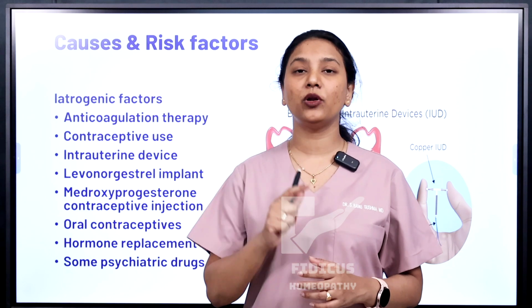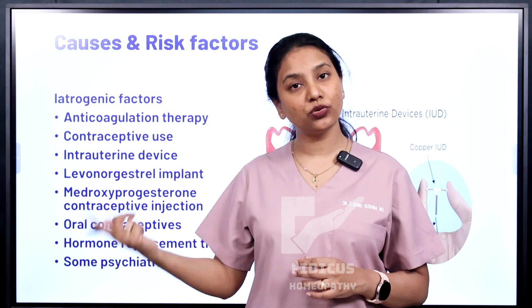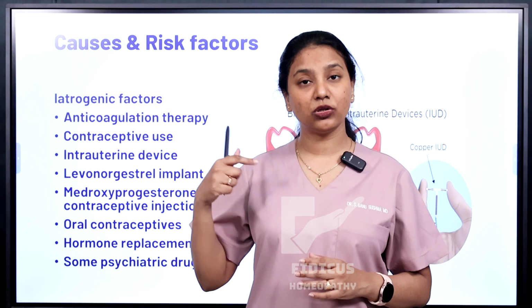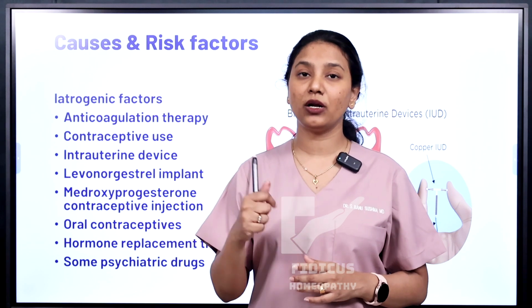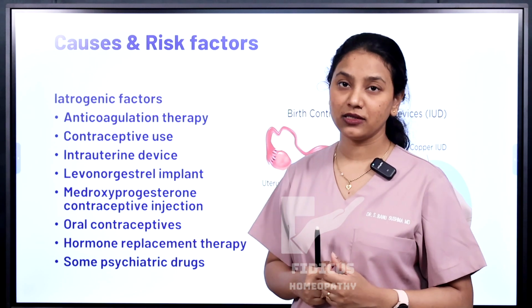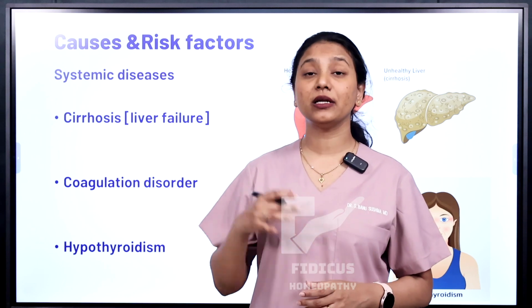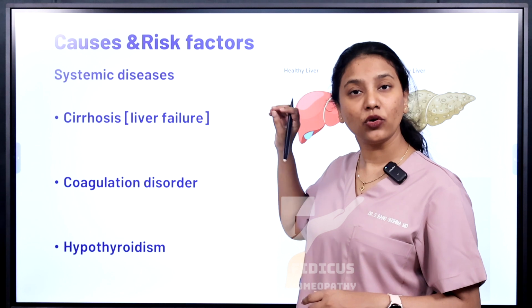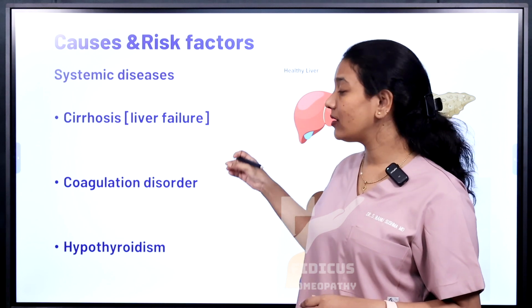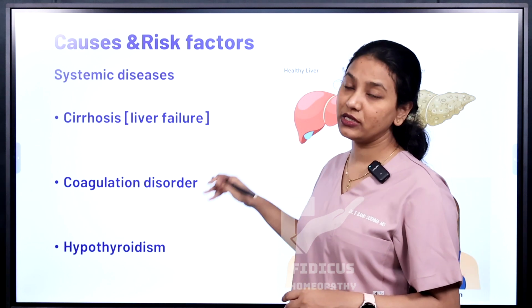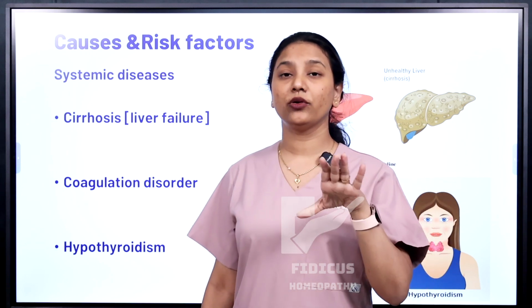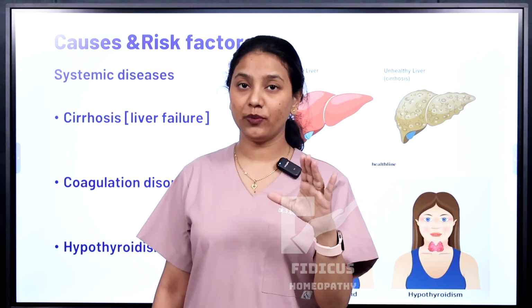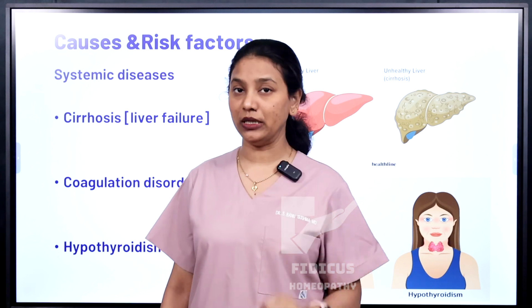All of these abnormal bleeding problems caused by drugs or hormonal pills are called iatrogenic diseases. There are other systemic diseases that can cause abnormal bleeding: cirrhosis of the liver can cause abnormal uterine bleeding, coagulopathy can cause abnormal bleeding, and also, as I told you already, hypothyroidism can cause abnormal uterine bleeding.